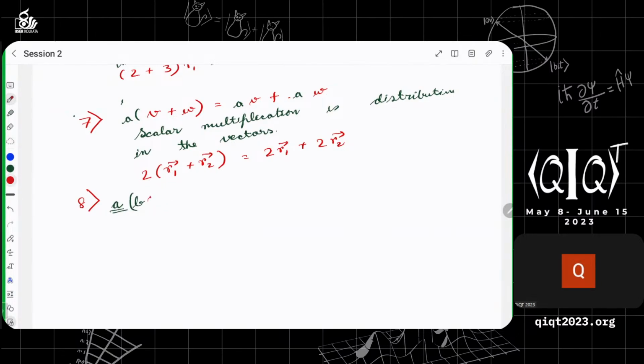That is equivalent to multiplying the scalars first and then multiplying with the vector. And this is said to be the associativity of scalar multiplication, because it doesn't matter whether we multiply the scalar to the vector first or multiply the scalars first.